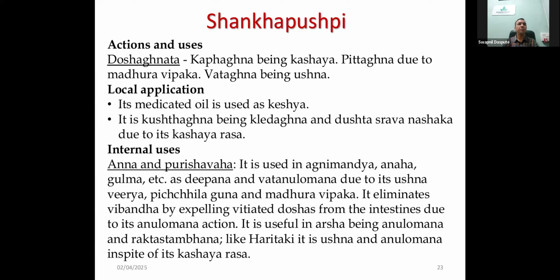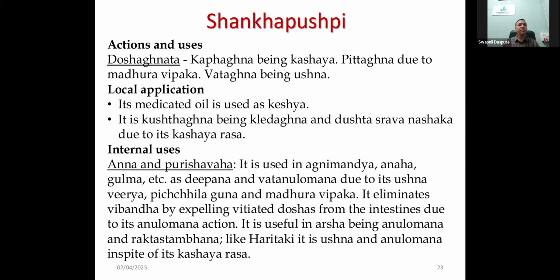Internal uses: Anna and Purishavaha Srotas. It is used in Agnimandya, Anaha, Gulma. Gulma is basically a tumor, it can be a solid tumor like a cyst, or as per Ayurveda it can be a Vataja Gulma, which has a round shape but is due to accumulation of Vata inside.